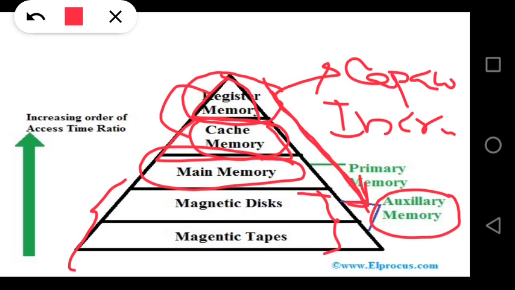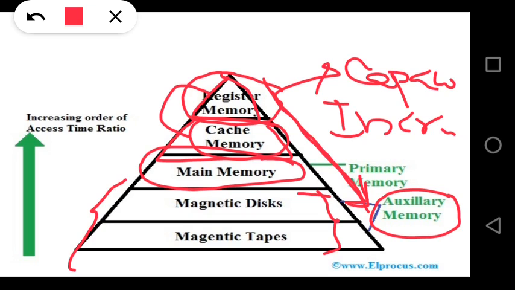If you go from top to bottom, the storage capacity is getting increased. That means the amount of data that you store in a register is lesser when compared with the amount of data you store in a cache memory.